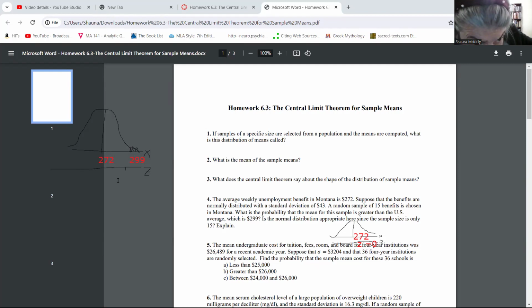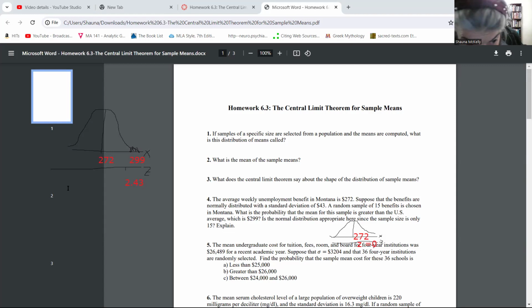The 272 corresponds to a Z of 0. This is why we had our Z-score. So now we converted that. This is my Z line, so we have my diagram.